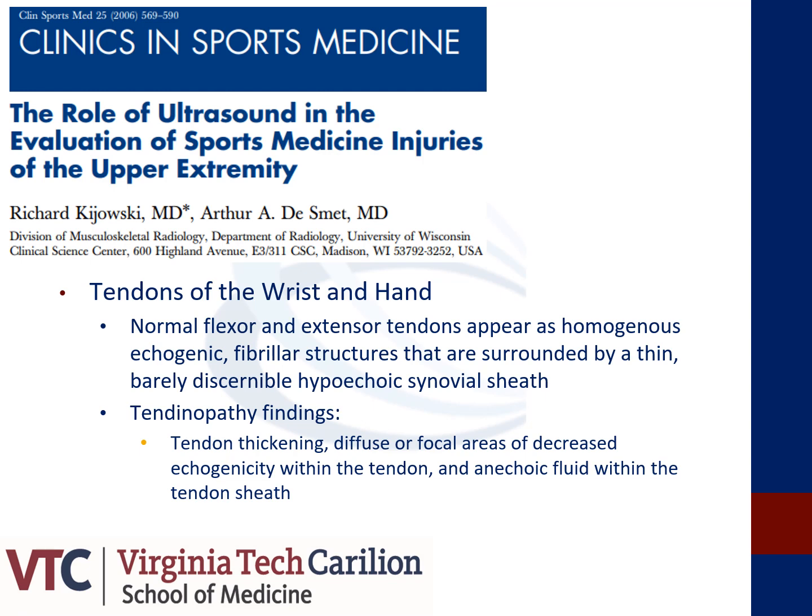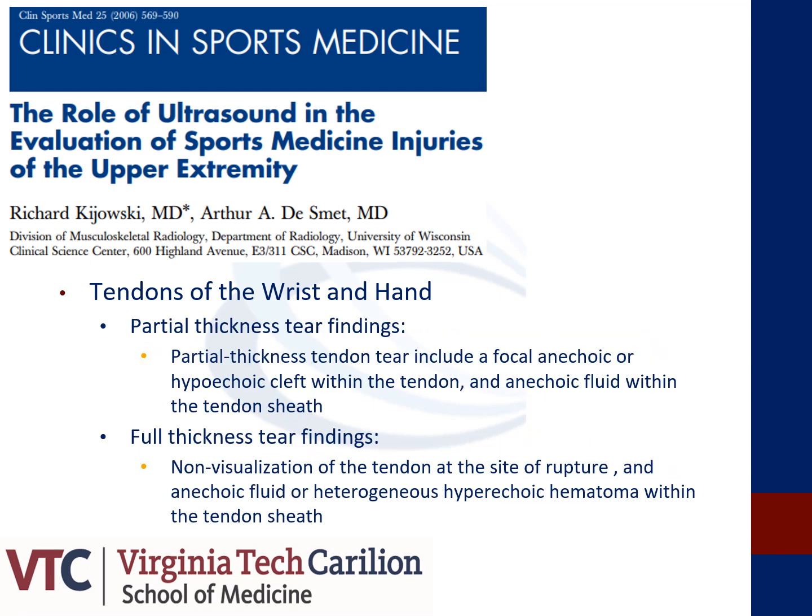Findings of tendinopathy would include tendon thickening, some diffuse or focal areas of decreased echogenicity, or anechoic fluid surrounding the tendon itself. If a partial thickness tear is visualized, you will see a focal anechoic or hypoechoic cleft within the tendon and may see some anechoic fluid within the tendon sheath.